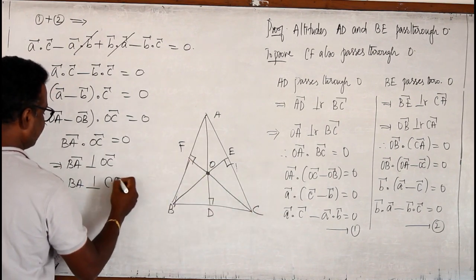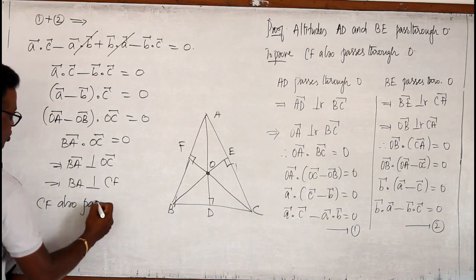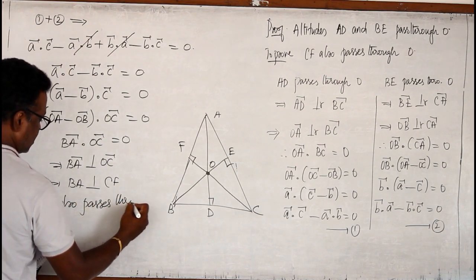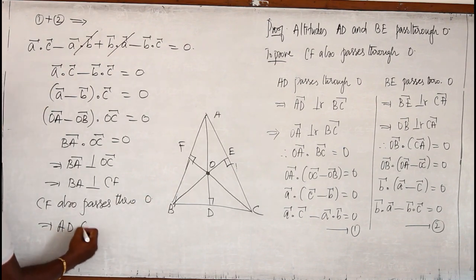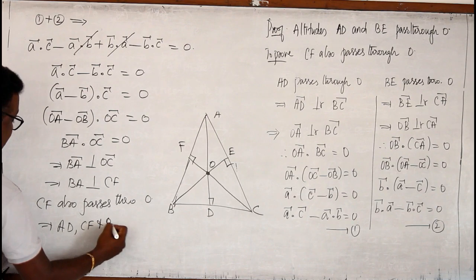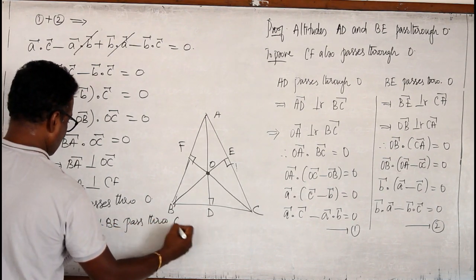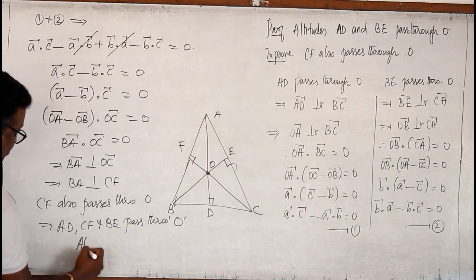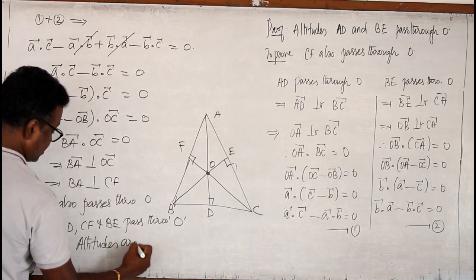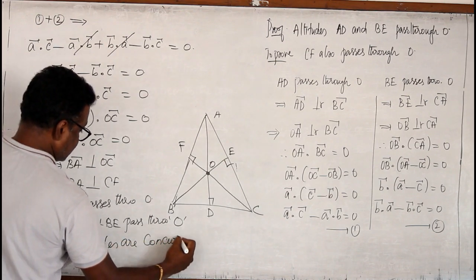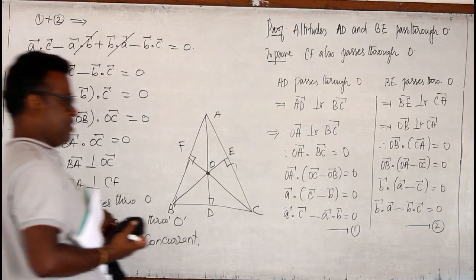I can write that CF also passes through O, that means AD, CF and BE pass through O. That means the altitudes are concurrent. So this problem is proved using the concept of dot product.